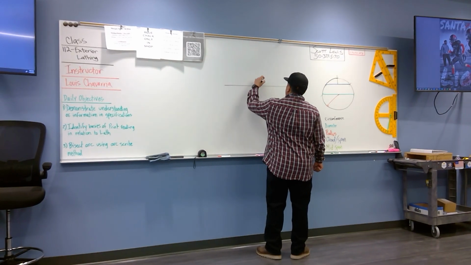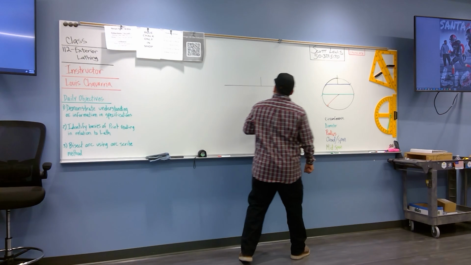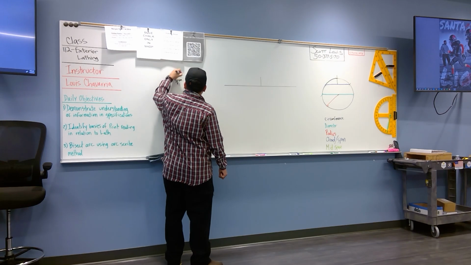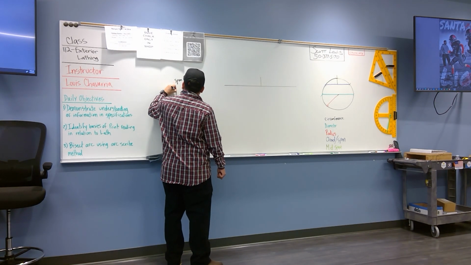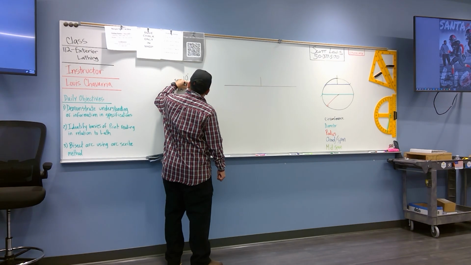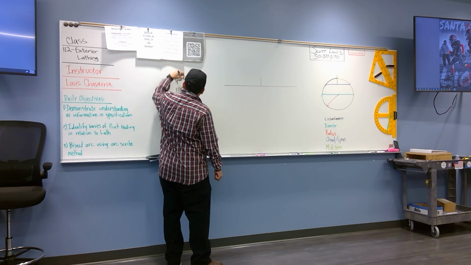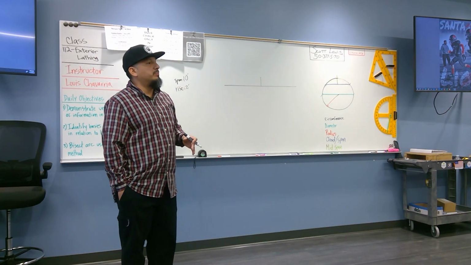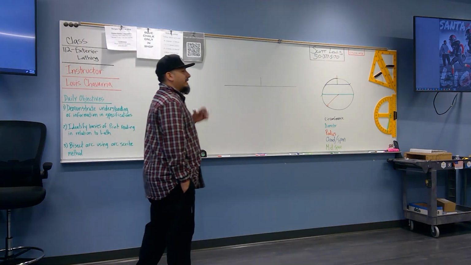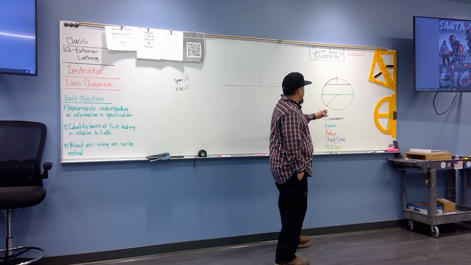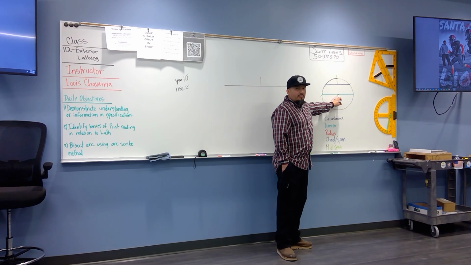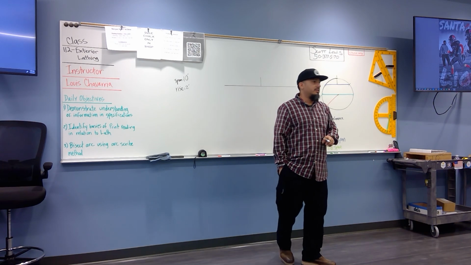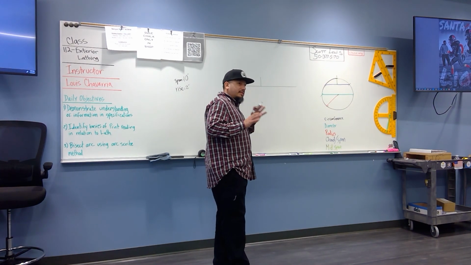When he gives us span and rise, let's say our span is 10 feet and our rise is 2 feet, there's a simple way to bisect this to locate our radius point so we can swing this true radius, whatever radius they desire in the building.